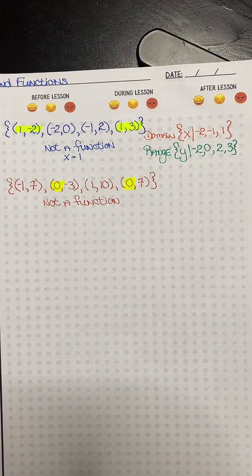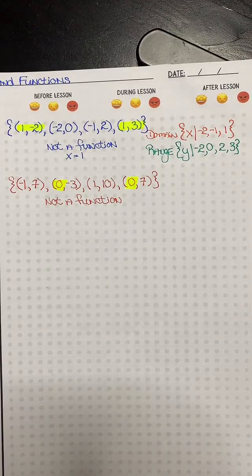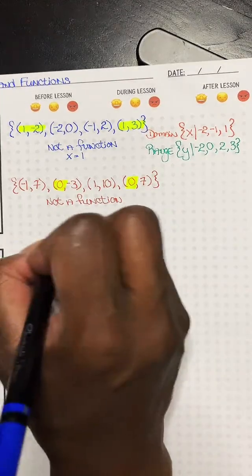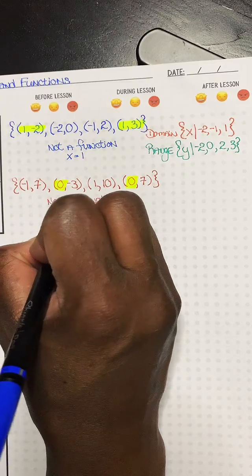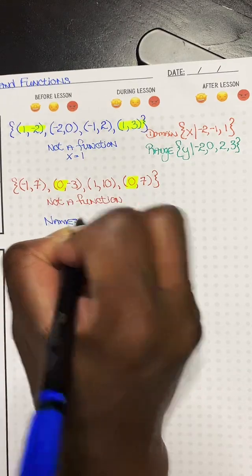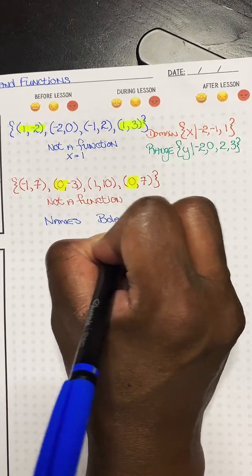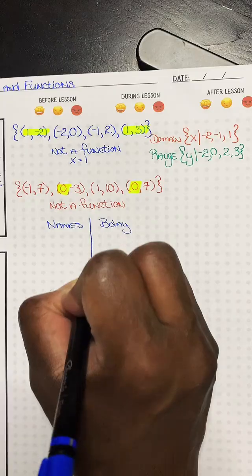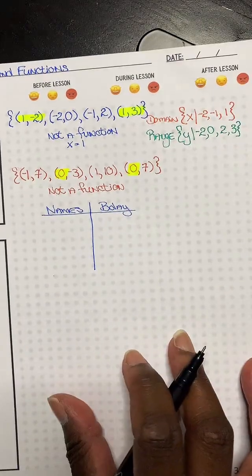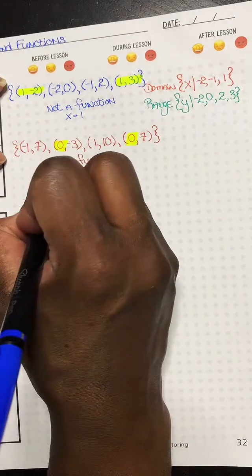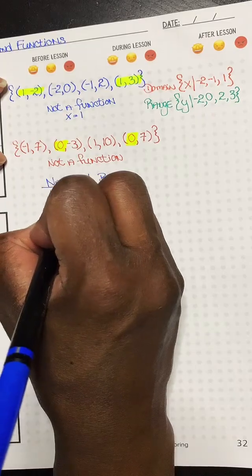Yes, you can. So if you think of it this way, let's say I'm going to make a chart, or a table actually. We have names and we have birthdays. So we got Jan, got Mark.